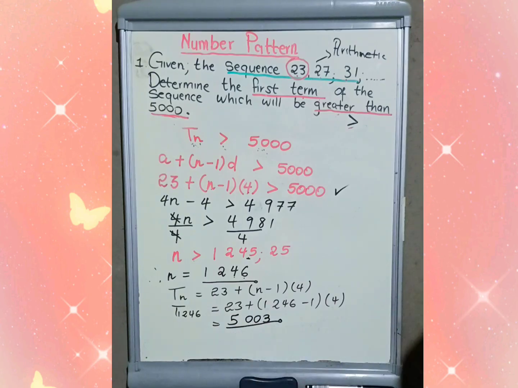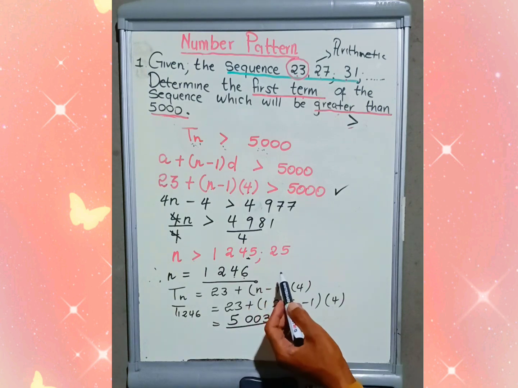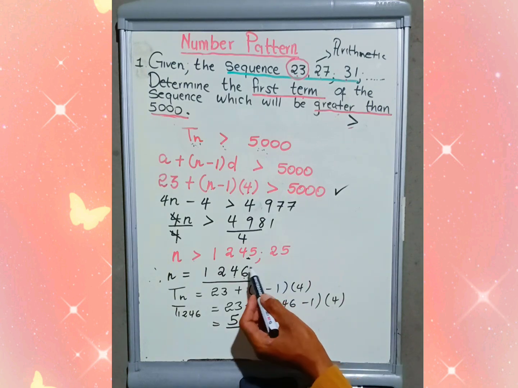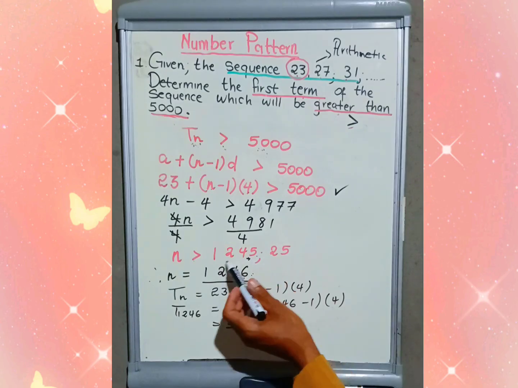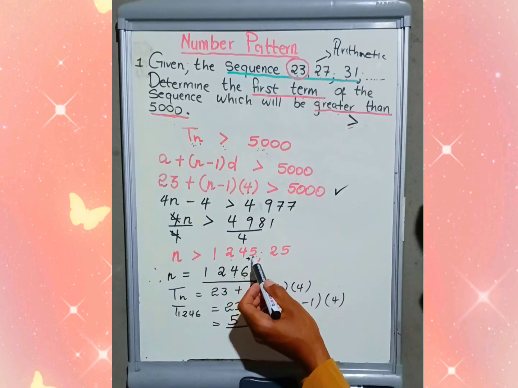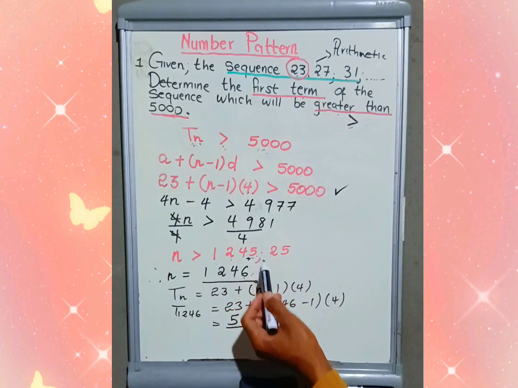We have 5003. Okay, some of the questions are going to come out: why didn't we round off this number to the nearest whole number? Then you're going to get 1245.